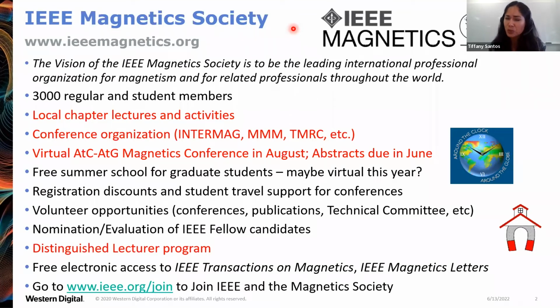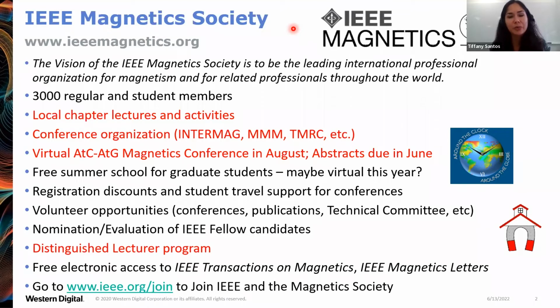So I'll just say a few words about the society. It is the leading organization for bringing together people that do research in magnetism. There are active chapters in various points around the globe, and we organize major conferences focused on magnetism and its applications.